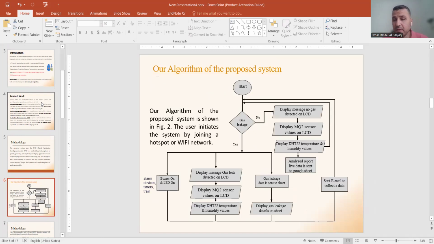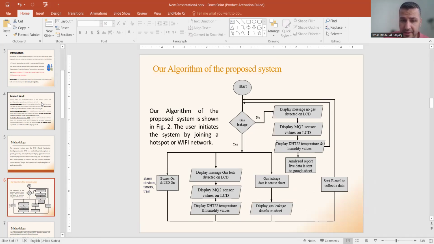Here we can see our algorithm. Our algorithm starts with two options: when our prototype starts to detect gas, the answer is either yes or no. We check whether there is a gas leakage.